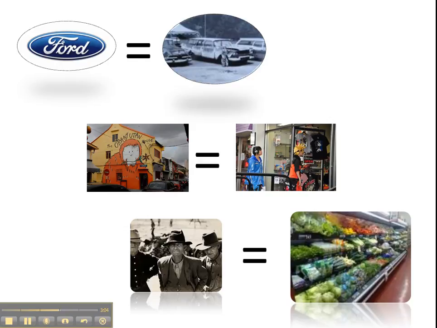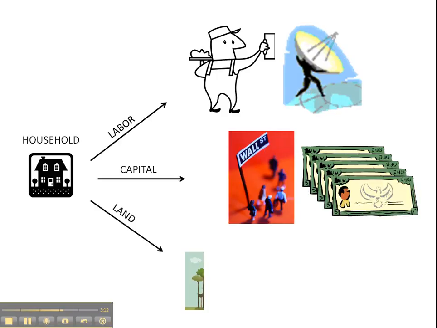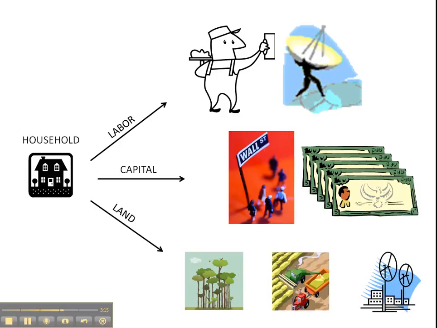Households supply their labor to earn income, and households purchase stocks and bonds and other financial capital in order to supply firms with the ability to then acquire resources.